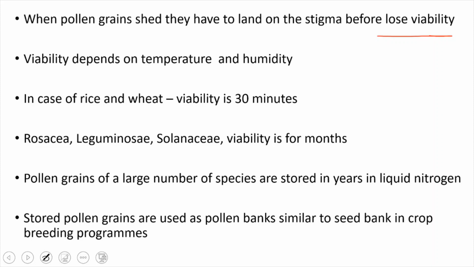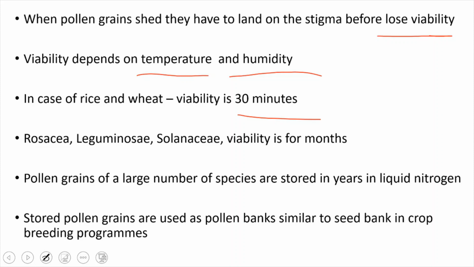This viability depends on the temperature and humidity. In the case of rice and wheat, this viability is for just 30 minutes. Before 30 minutes, the mature pollen grains have to fall on the stigma to get germinated.